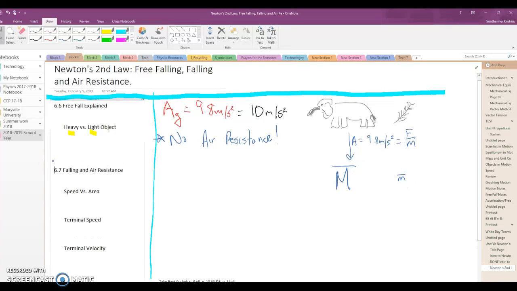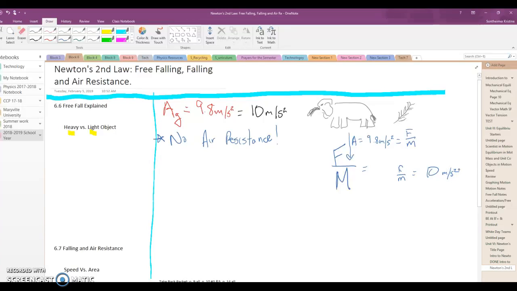Knowing that, you need to realize in order to balance out or equal each other, the force acting on the feather, the actual physical pull of the earth on the feather is pretty small, while the force on the elephant is pretty significant, right? That's the only way you can get this to end up equaling 10 meters per second squared in both situations.